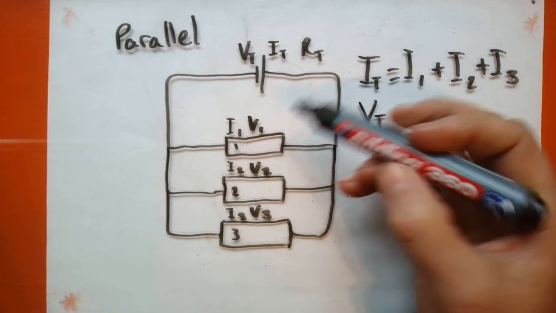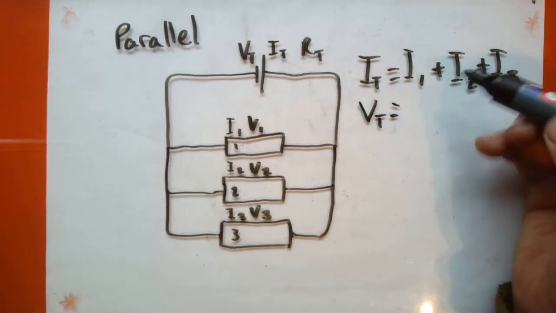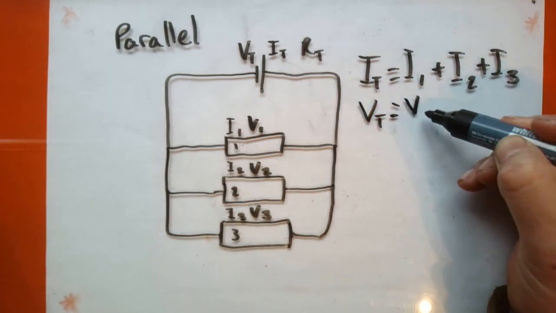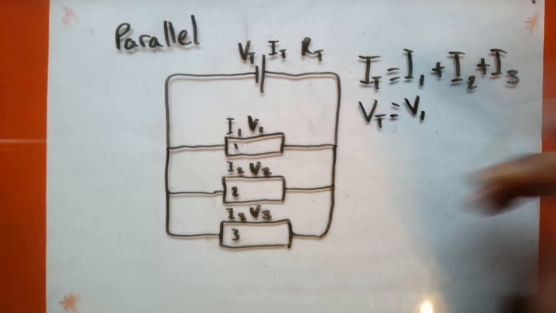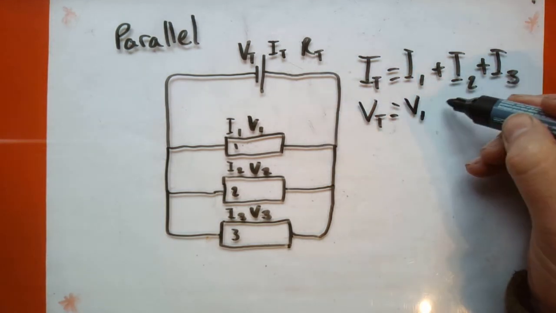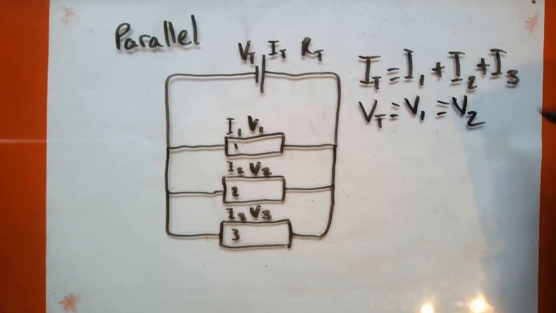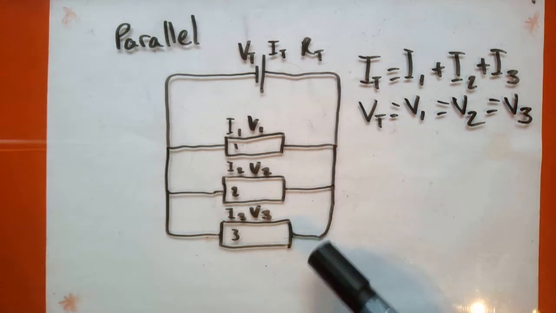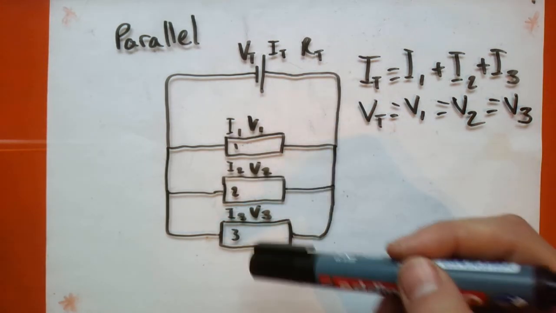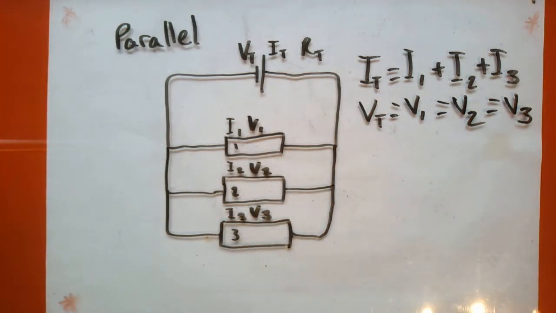So the total voltage is the same as the voltage at 1, is the same as the voltage at 2, and is the same as the voltage at 3. All the potential differences across these parallel branches are the same.